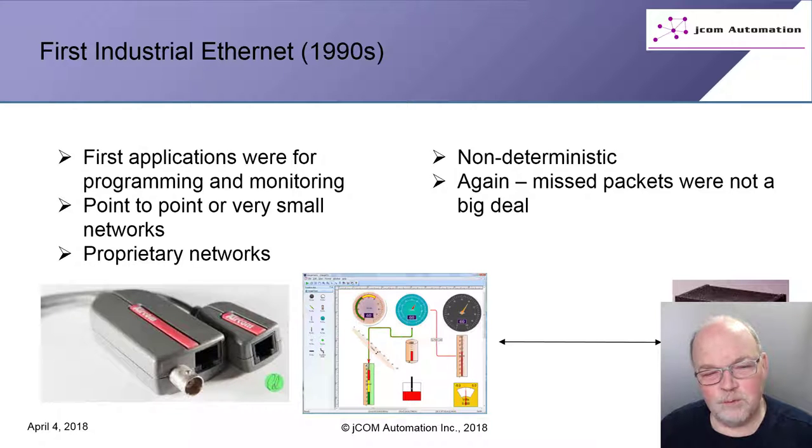They were owned by a particular company, and it was non-deterministic. But because we were dealing with purely monitoring or programming, the fact that you'd miss an odd packet here and there wasn't a big deal. Ethernet was still fast in that day. It was 10 megabits per second, but still, if you missed a packet, you're looking at visualizing data.